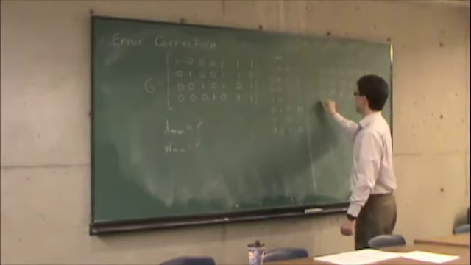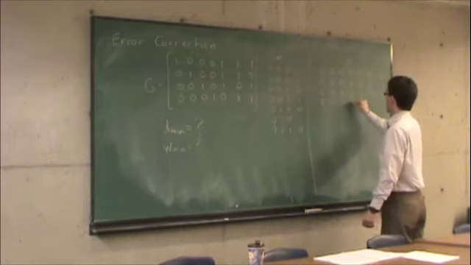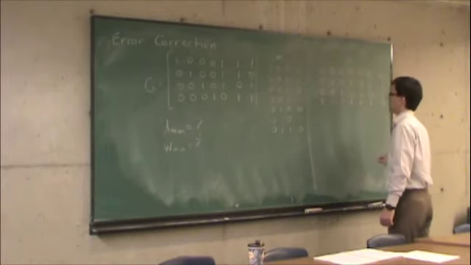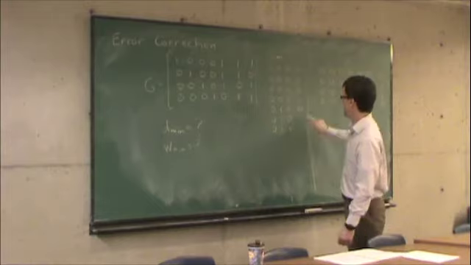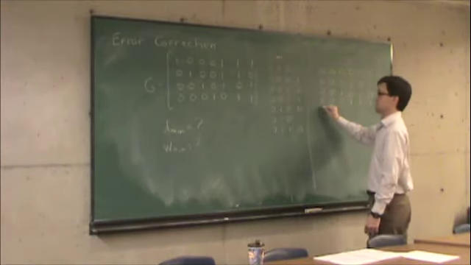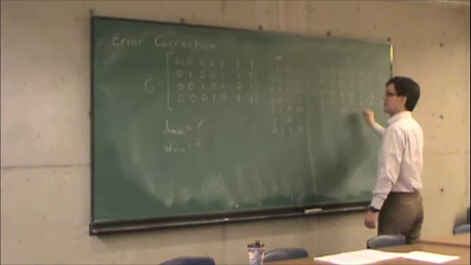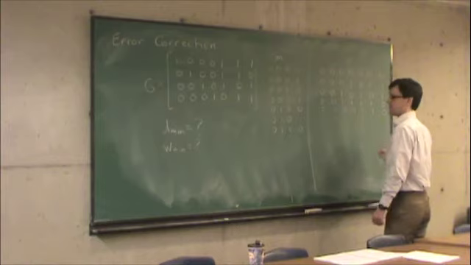So I have 0, 0, 1, 1, 1, 1, 0. Here I pick off the second row, so that's 0, 1, 0, 0, 1, 1, 0.